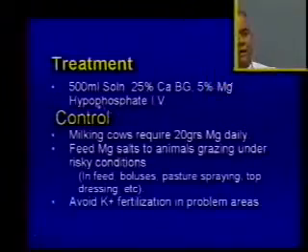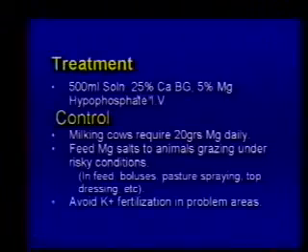Treatment is 500 ml of a 25% calcium borogluconate solution, because remember that these animals also have a hypocalcemia component, so we want to also take care of the calcium deficit, and we want to have about 5% magnesium in a hypophosphite solution. There is a solution called CMPK.